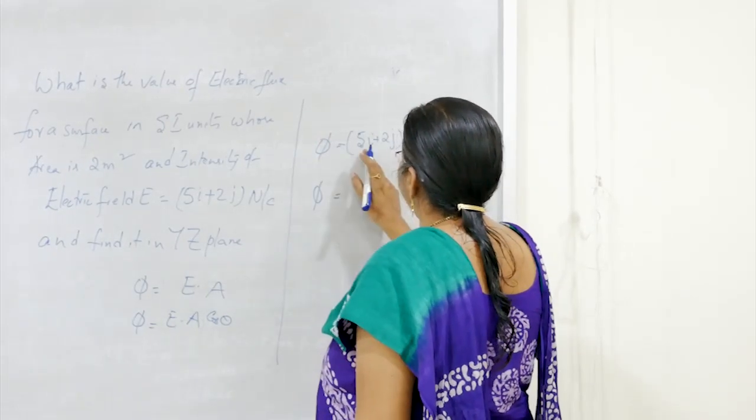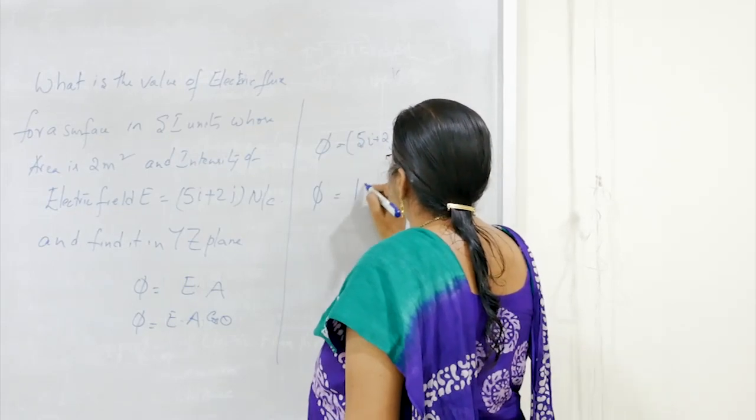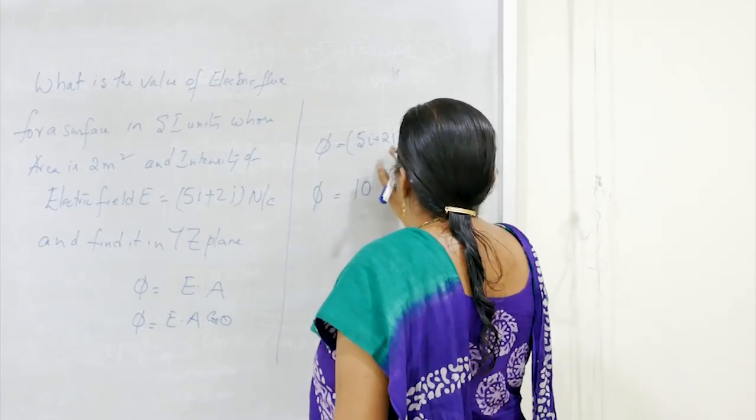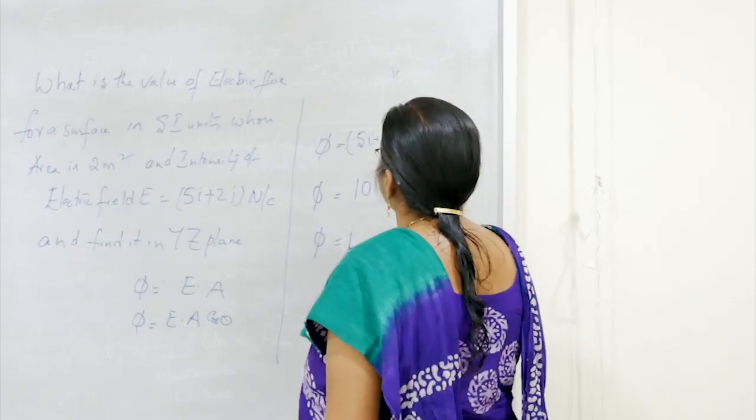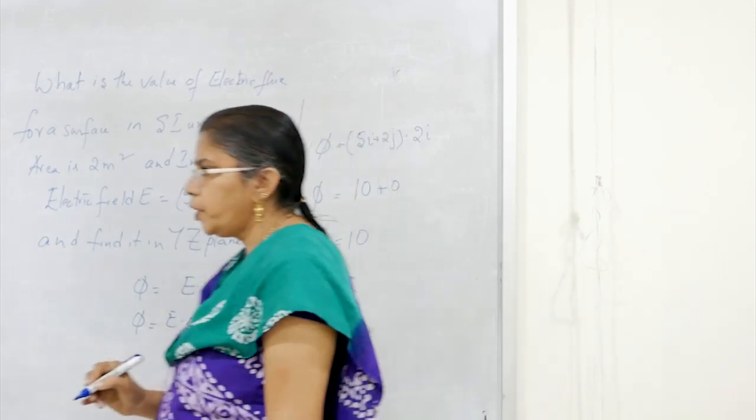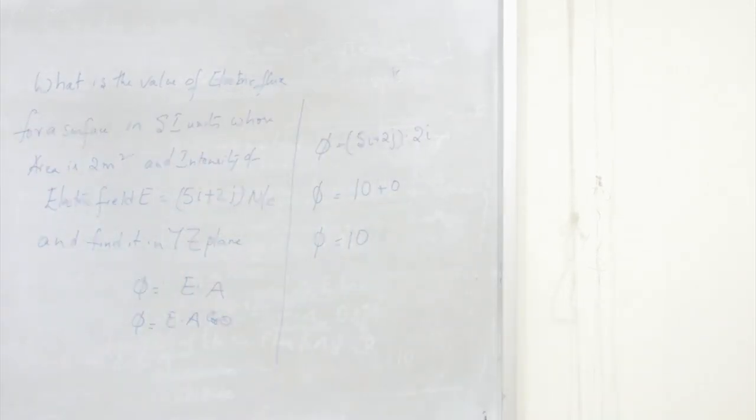So dot product means 5 into 2, 10, and 2j into i, that is 0, so phi is equal to 10 is the answer.